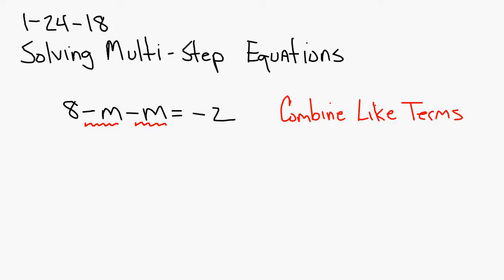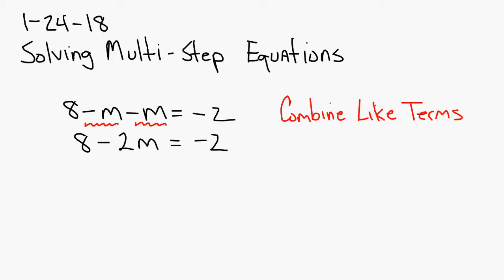You're combining a negative 1m and another negative 1m. In your calculator, it would be negative 1 minus 1, and what you get is 8 minus 2m equals negative 2.